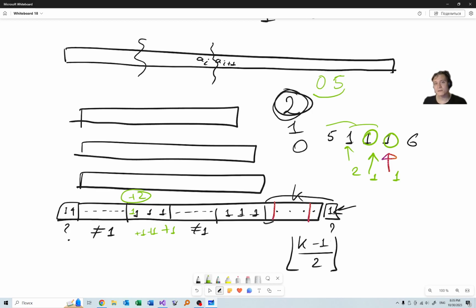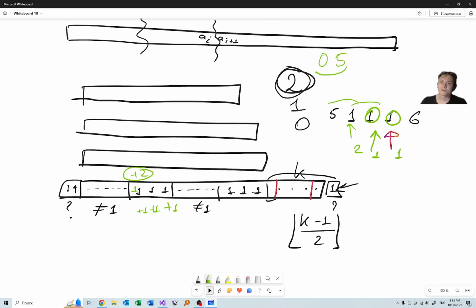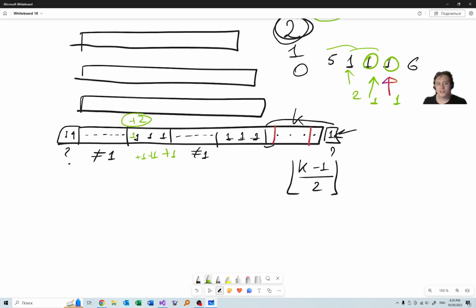So it cannot be fixing two pairs at the same time. Ones is the only place where we can get this resource from. So actually, what you need after such blocks is to take some block of ones and fully eliminate it.